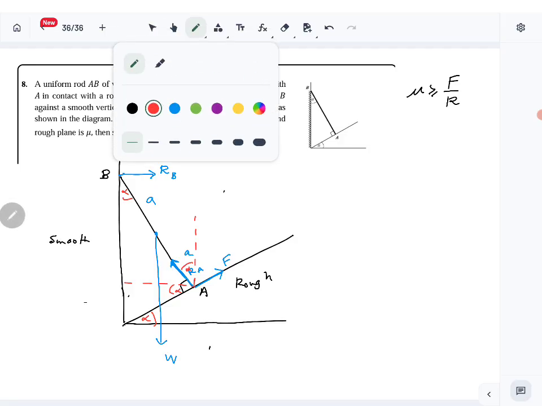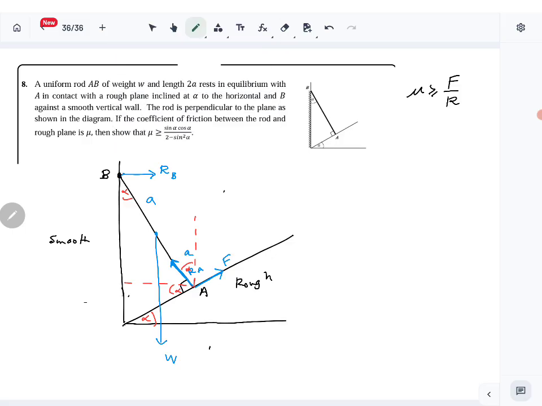What's the easiest way to find friction? You can take moments about this point, then you don't need to consider the two reactions, because both of them go through that point. So let's take moments about B in the anti-clockwise direction, and because this is in equilibrium, all of them together should be equal to 0.